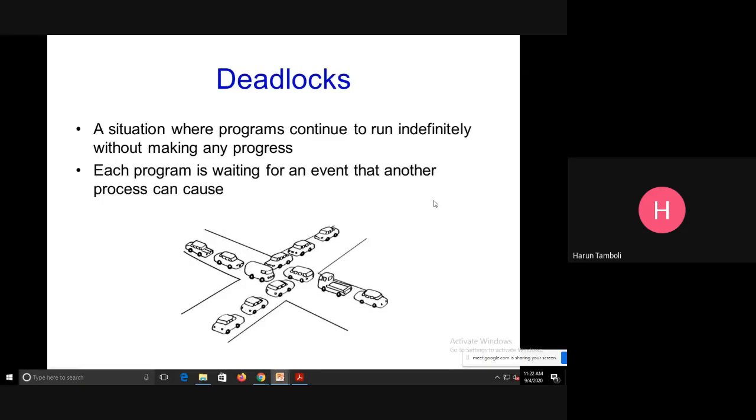So this condition is called a deadlock. A similar concept we can implement for programs. Each process is waiting for an event that another process can cause. That means a process is blocked and waiting for a wake-up call from another process, but all other processes are in the blocking state. So no process is there to wake up another process. So the condition becomes a deadlock.